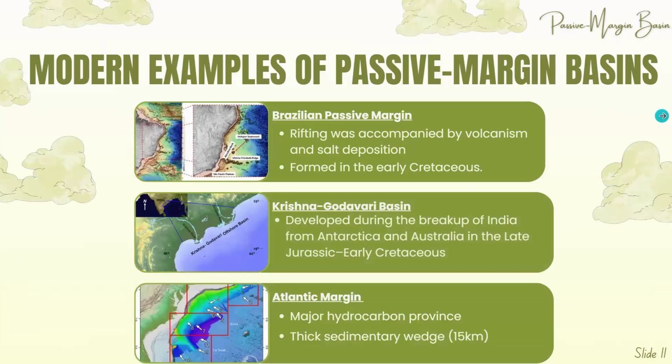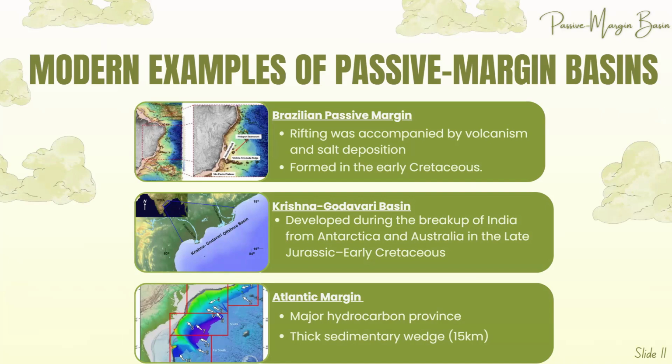Modern examples. Eastern North America, the Atlantic coast or Atlantic margin, is a major passive margin basin extending from Canada to the Gulf of Mexico.